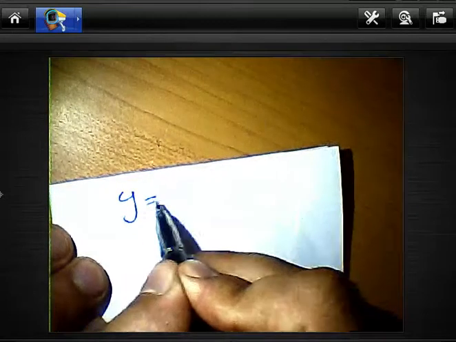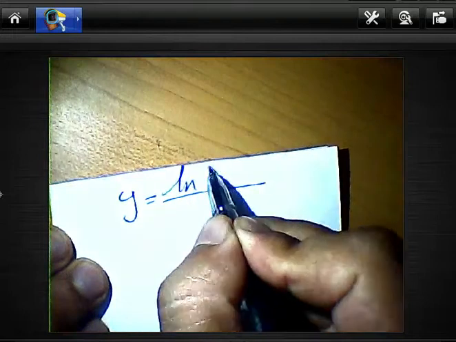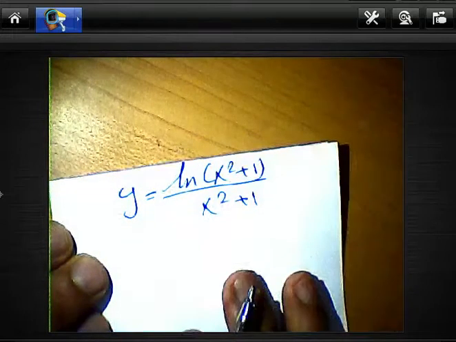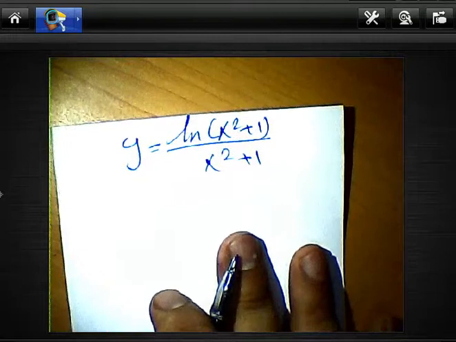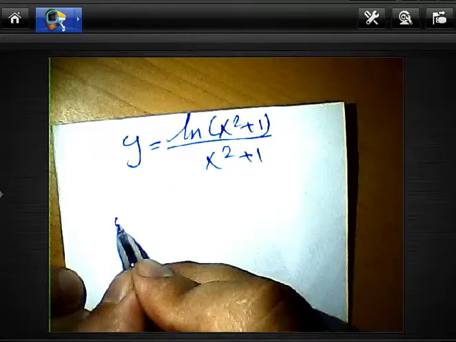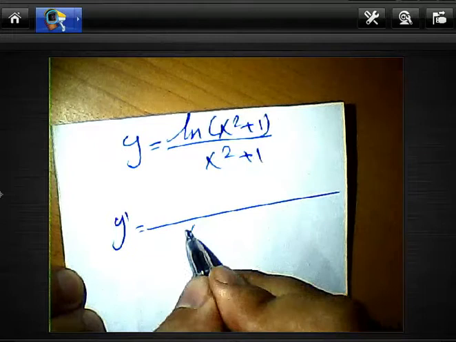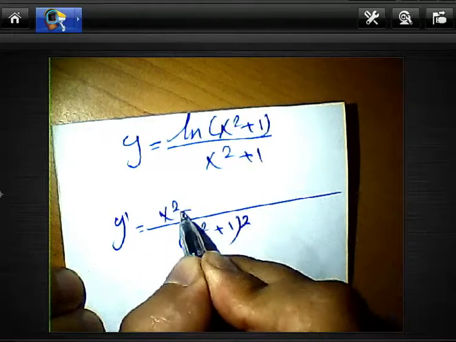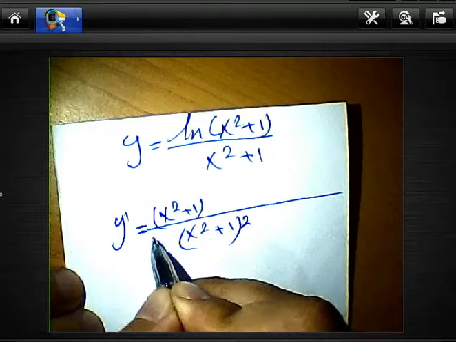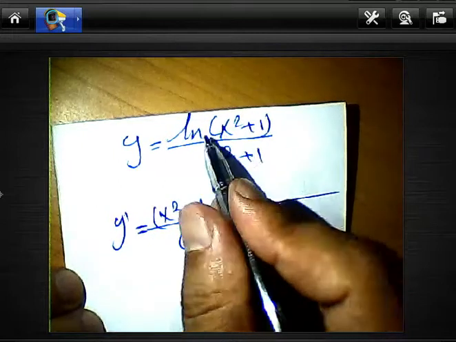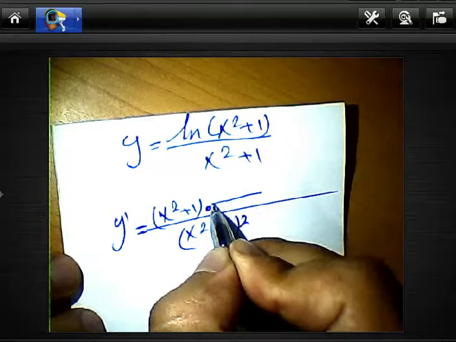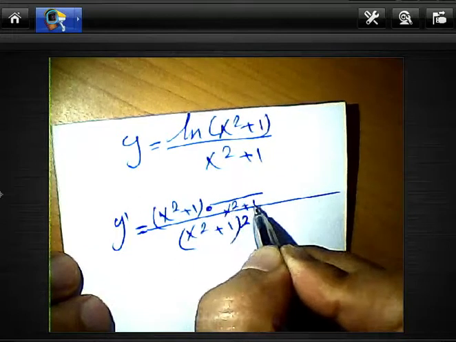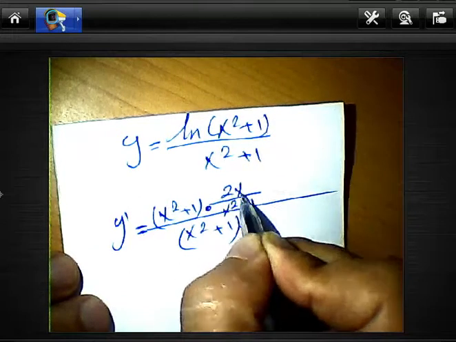About this example: y equal ln of x power 2 over x power 2 plus 1. We can find the derivative of the function. We must use the rule. This denominator we must write here, power 2, and write this denominator here. The derivative of this function: we write the denominator x power 2 plus 1, and the derivative of this denominator will be 2x.